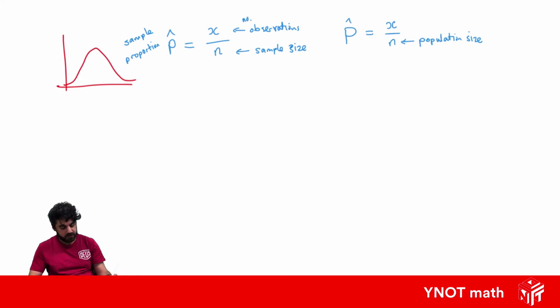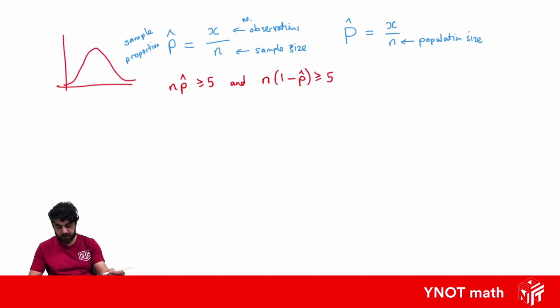Those conditions are that n times the sample proportion has to be greater than or equal to 5, and n, our sample size, multiplied by 1 minus our sample proportion has to also be greater than or equal to 5. So we have to pass both of these conditions for this to be a good enough approximation.